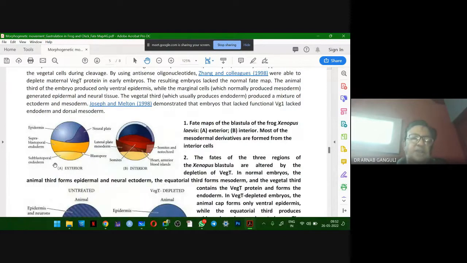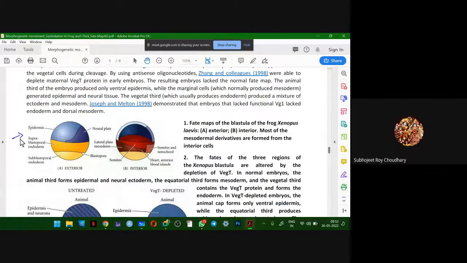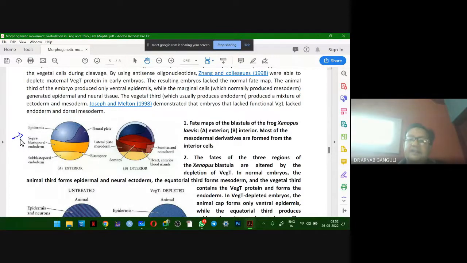So if you look at the first egg, the blastula or gastrula, this is the fate map of the blastula. This region is going to form the epidermis. This will form the nerve plate or neural plate. This is the suprablastoporal endoderm.